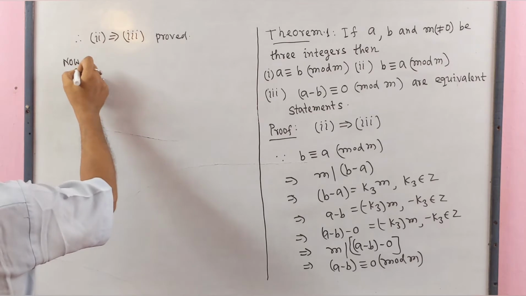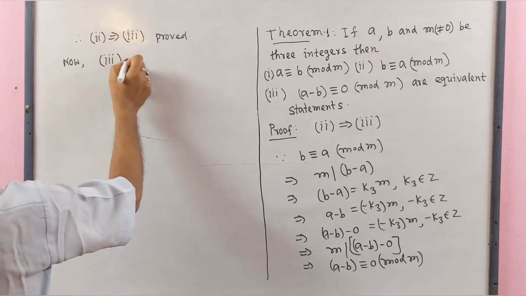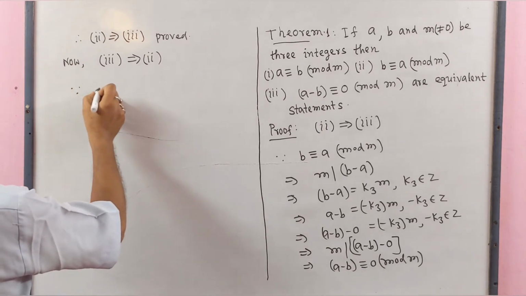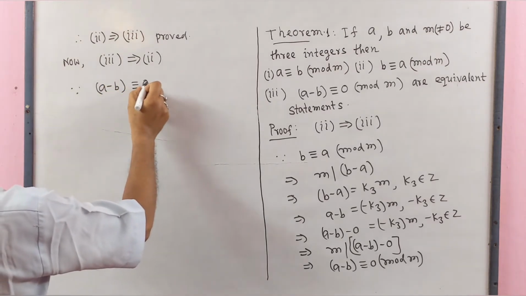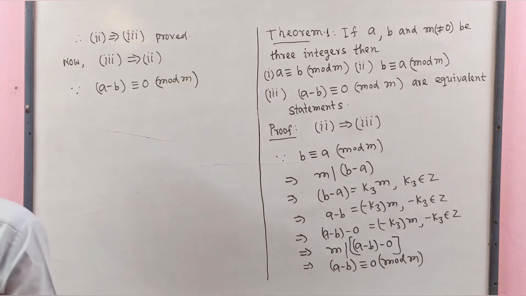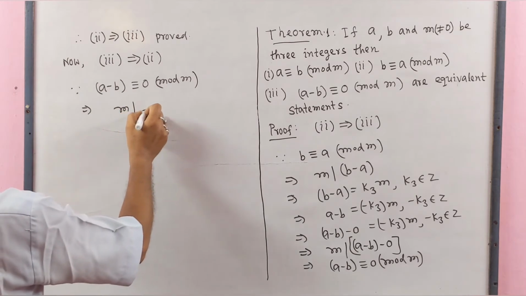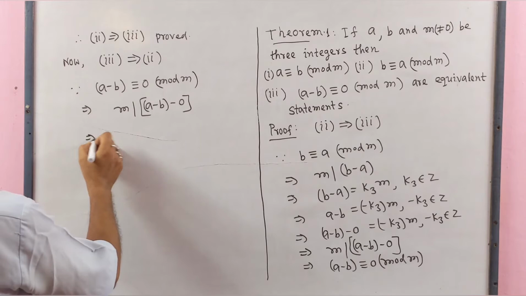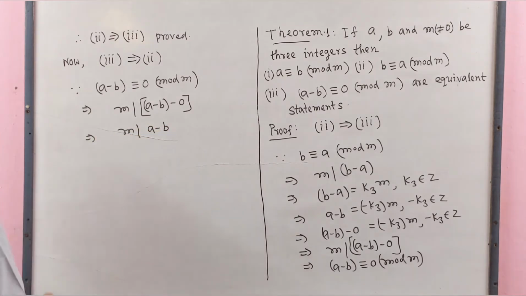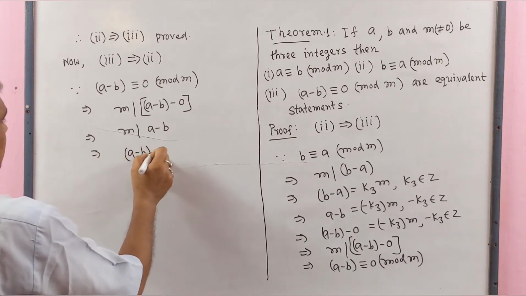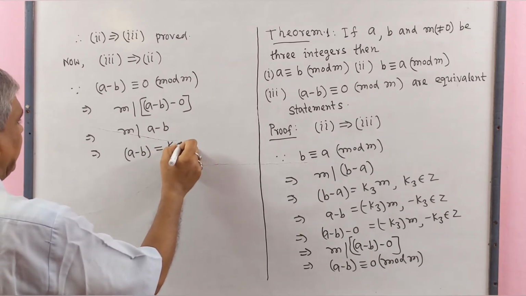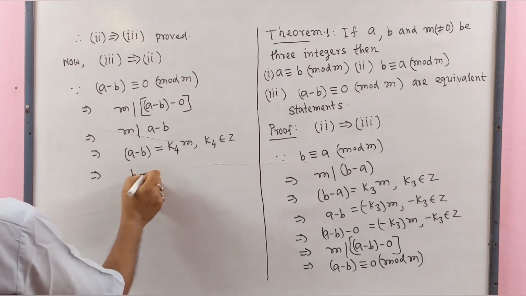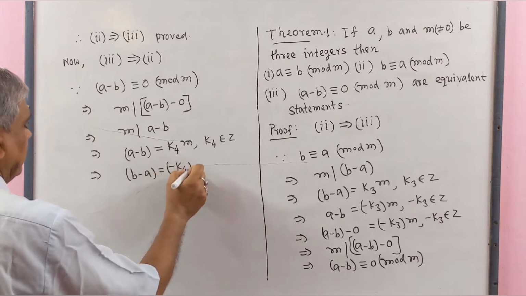Now to prove 3 implies 2. In 3, a minus b is congruent to 0 modulo m, which implies that m divides a minus b minus 0, which implies that m divides a minus b, which implies that a minus b equals k4, an integer, multiplied by m. Since k4 is an integer, this implies that b minus a equals minus k4 m.